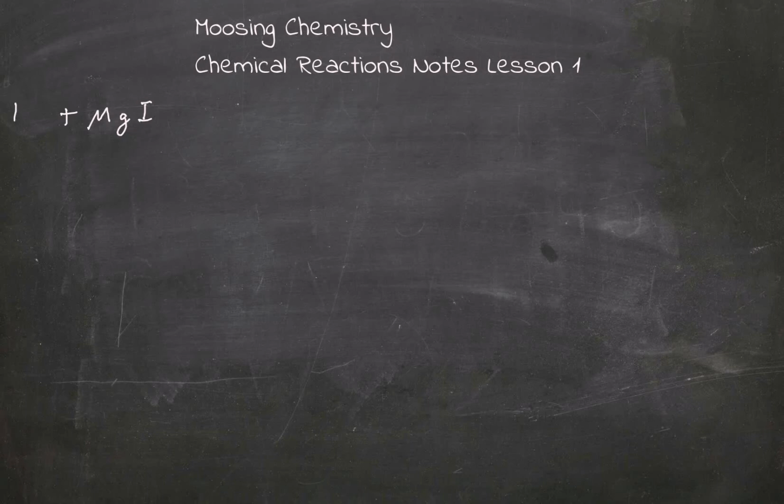And we want to add fluorine to that. Can fluorine replace iodide? And the answer is it can. So this would make magnesium fluoride plus iodide. That's the type of reaction that you would see. This is a reaction that deals with symbols.